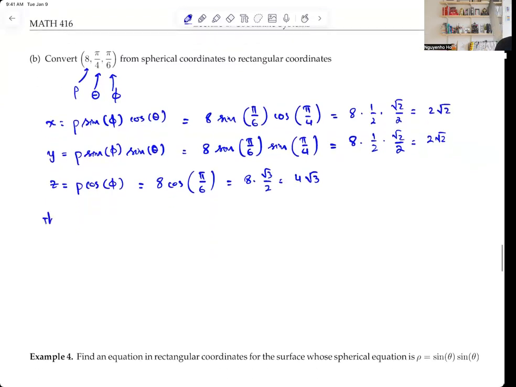So the point in rectangular coordinates is 2 times root 2, 2 times root 2, 4 times root 3.